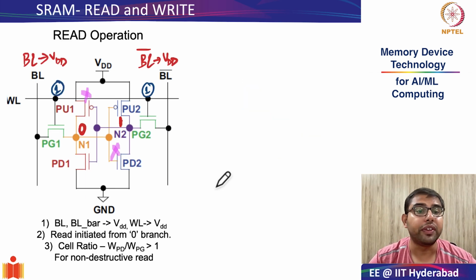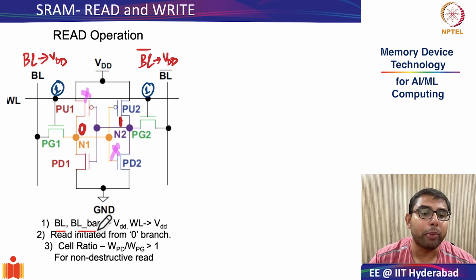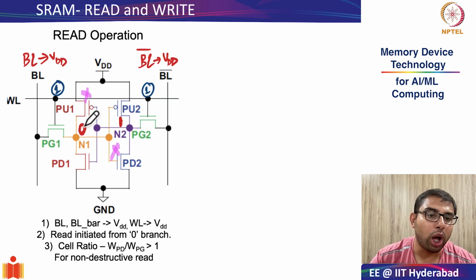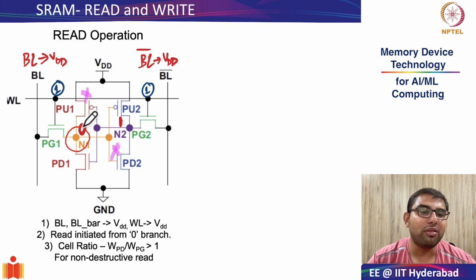Next, we looked at the read operation. The read operation started by pre-charging the bit line and bit line bar to the value of VDD and then asserting the word line. Please try to recall that the read cycle was initiated by the node N1 where the value stored was 0.